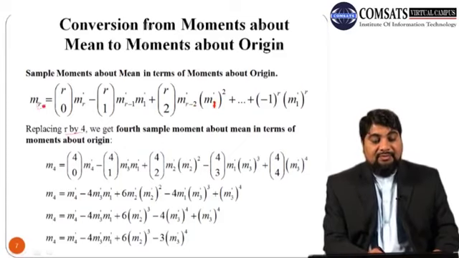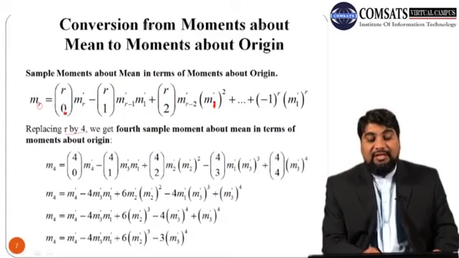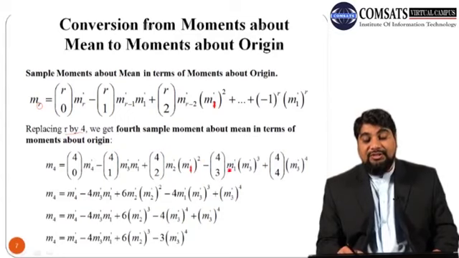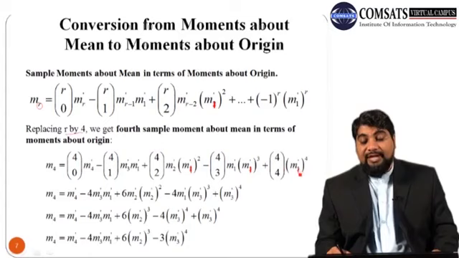Replacing r by 4, we get m4, then 4c0 m4 dash, then 4c1, 4 minus 1 we get 3, then 4c2, 4 minus 2 we get 2, and here we have m1 raised to power 2, then 4c3, 4 minus 3 we get 1, and this one cube, and in the end we have m1 raised to power 4.